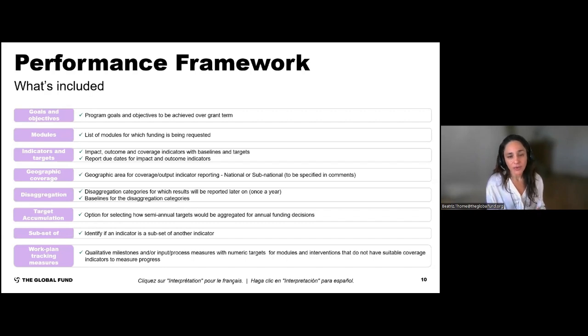So in general, these disaggregations will be reported every year. There are also baselines for the disaggregation categories in the disaggregation tab of the performance framework. There's a target accumulation column in which you can select how the targets will be aggregated for annual funding decisions.